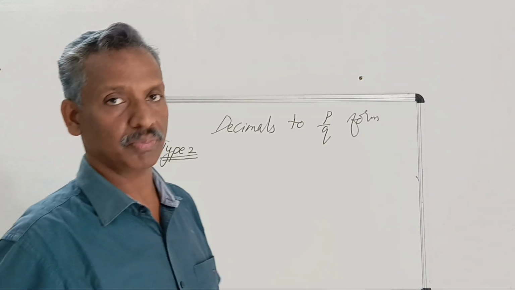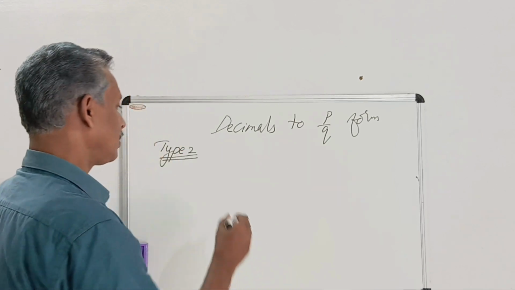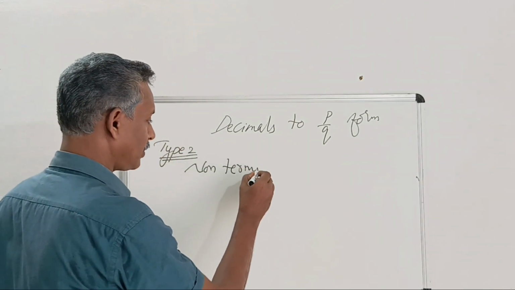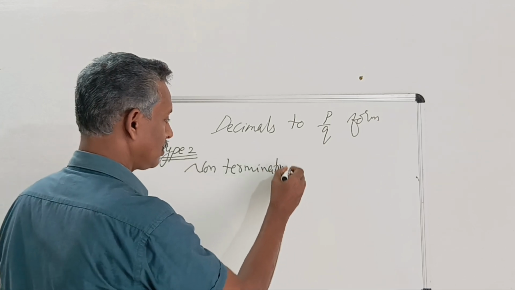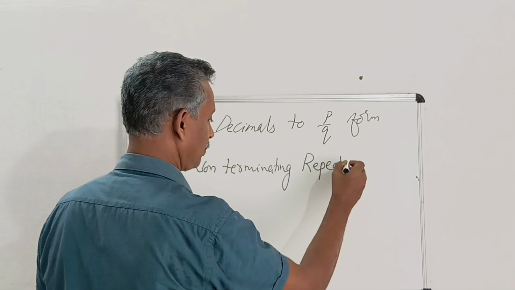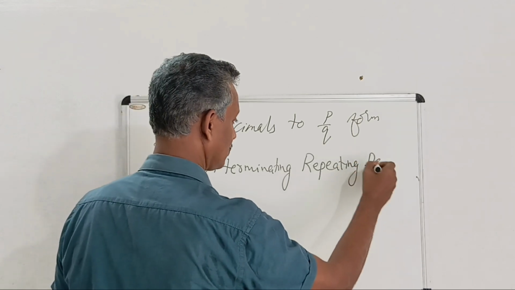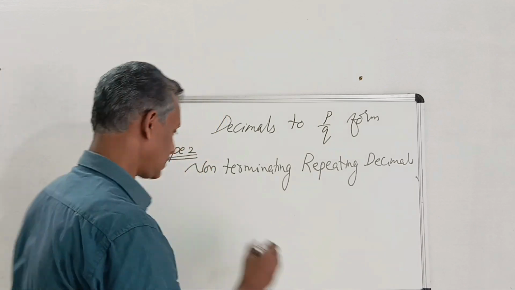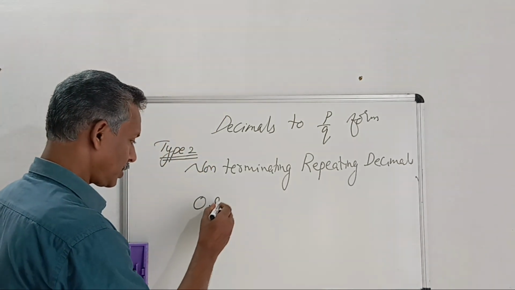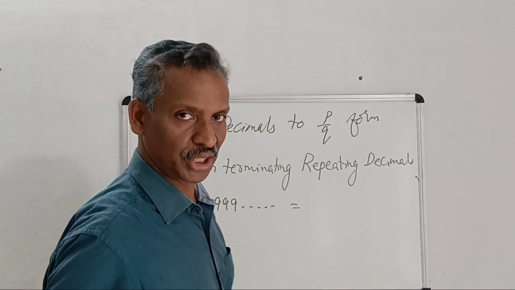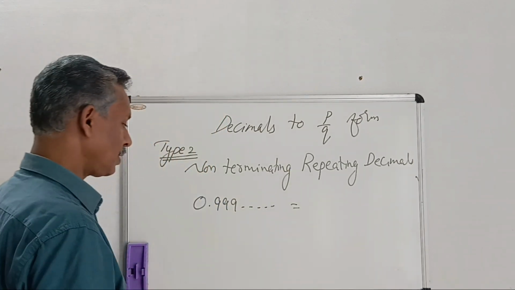Next is type 2, non-terminating repeating decimals. How can we change them? For example, if it is written 0.999 dot dot dot, how do we change it to p by q form?